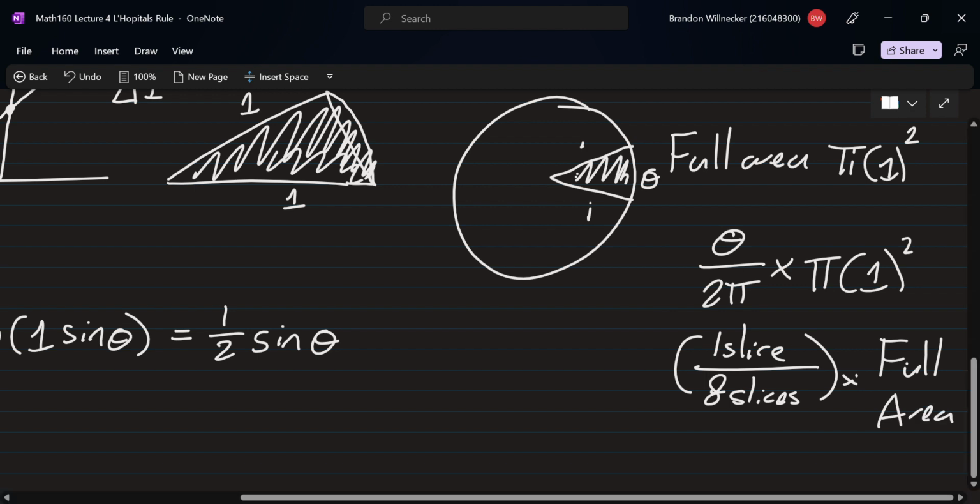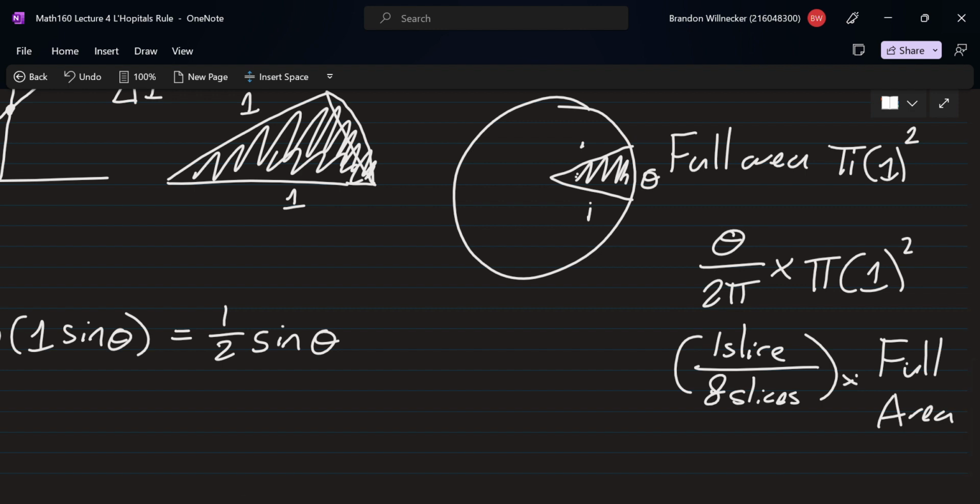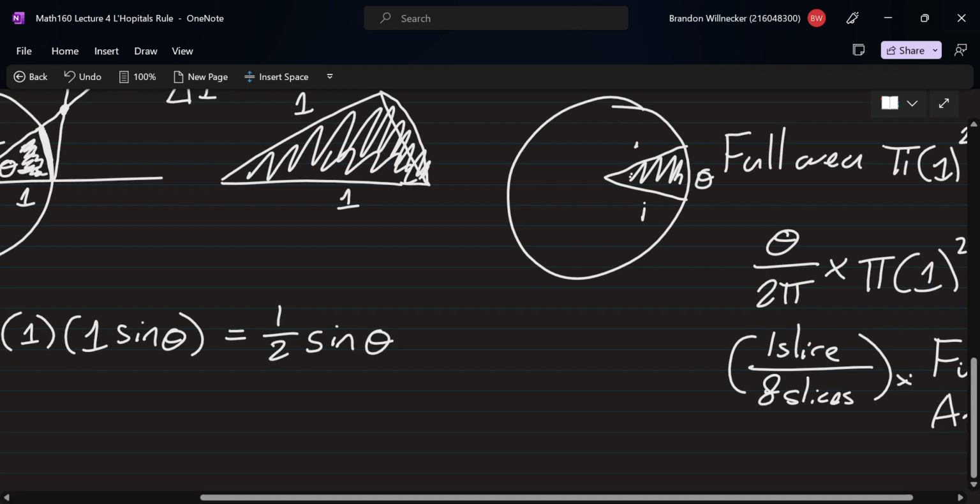So the area of 1 slice is going to be 1 slice out of the 8 slices times the full area. The area of this little section will be theta out of the full angle times the full area. Okay, does that help? Anybody still confused? If you're ever confused with these angles and radians, just think back to the pizza.